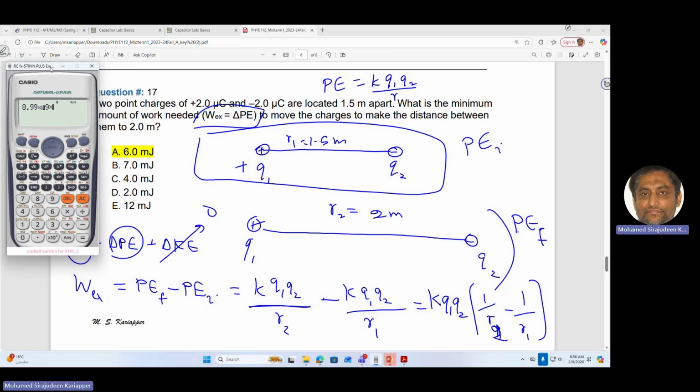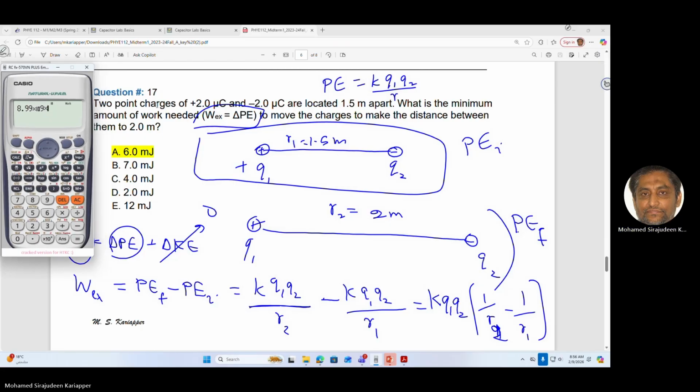You have to be careful with the units, right? Also the sign. Sign of the charge is very important. It's not magnitude. You have to put it with the correct sign. So Q1 is positive, good. And it is microcoulomb. Microcoulomb is not an SI unit. Oops. So you better convert that to SI unit.